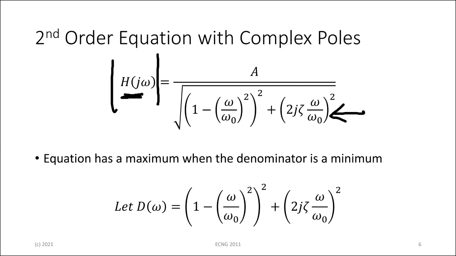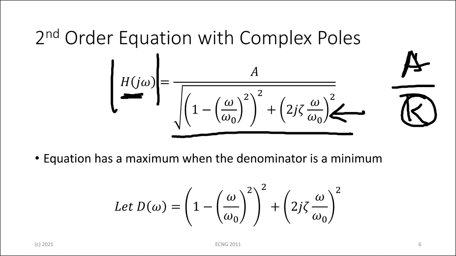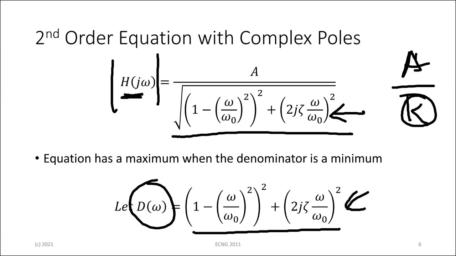Normal maths. I have a over some value k. So a over k is a maximum when k is a minimum. So let's call this entire thing below here D of omega. So D of omega is everything under the square root here. You could forget the square root for the time being. So when this is the smallest value it could get, then H of j omega will be the biggest value it will become. Yeah?